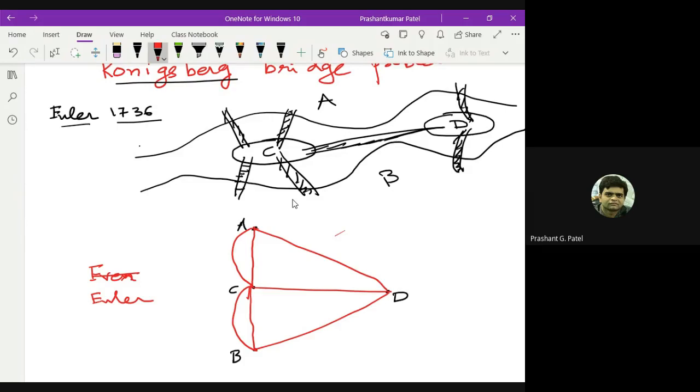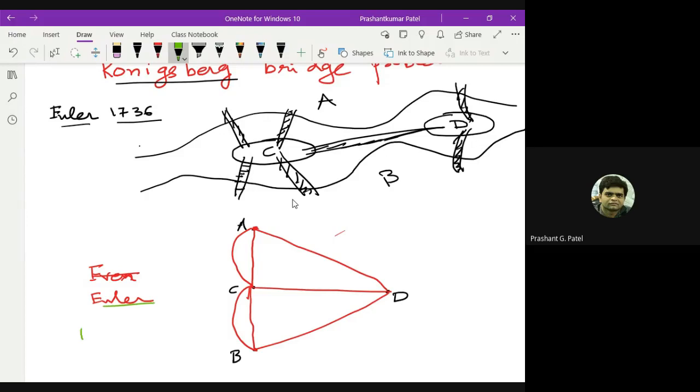Eulerian graph means, if you start with any vertex, here, you visit every edge of this graph, every edge exactly once, and if you come back at the same vertex, then that graph is known as Euler graph.